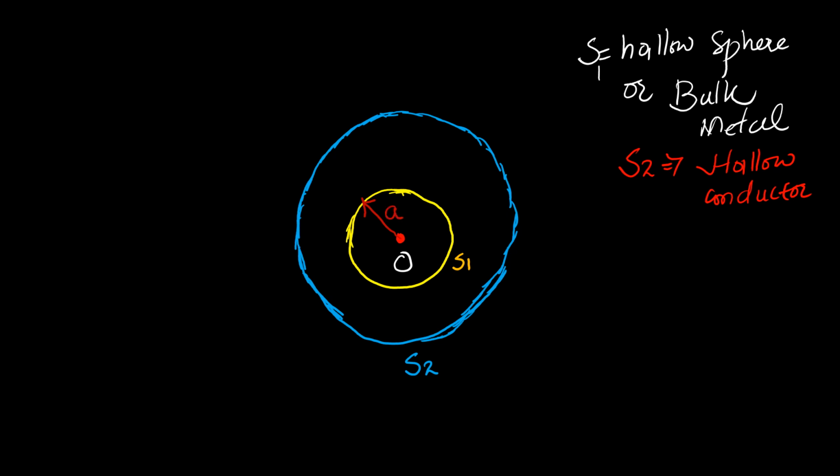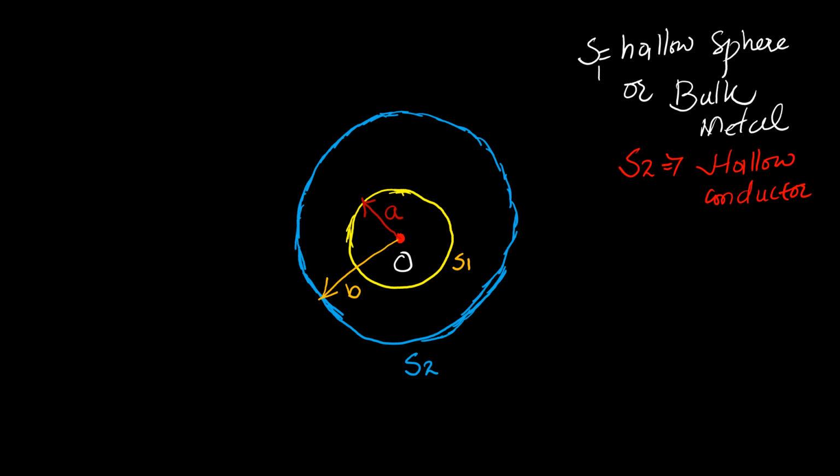It is the radius of sphere S1, and similarly the radius of sphere S2 will be larger, because it is around sphere S1. Suppose it is b.